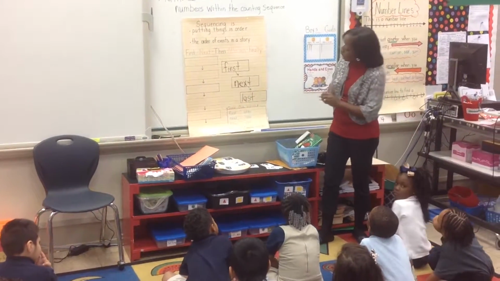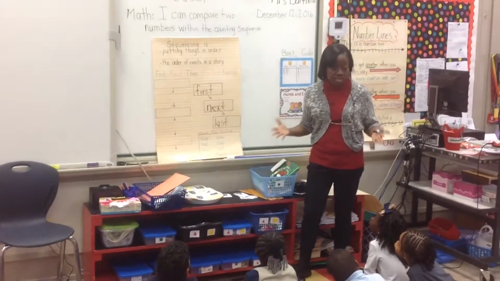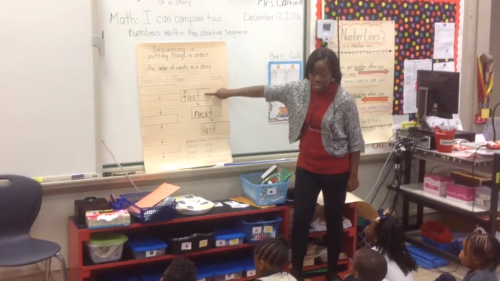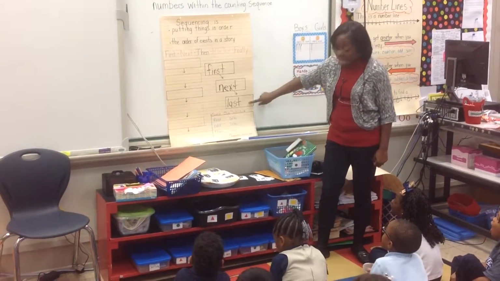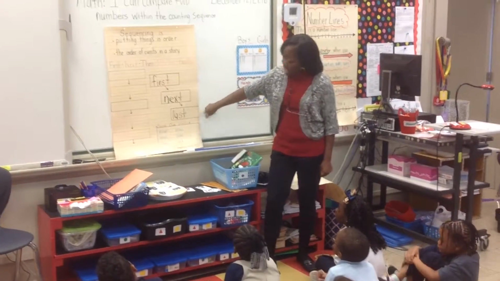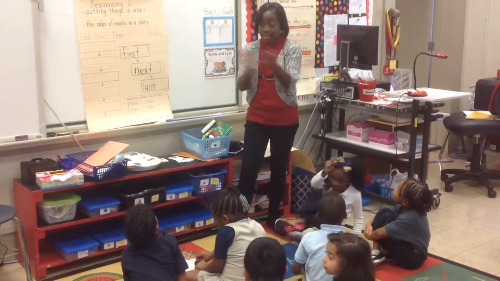These are some clue words to help us figure out the sequence of a story. What are some clue words? First, next, and last. Tell me again. First, next, last. I want you to tell your partner some clue words for sequencing.